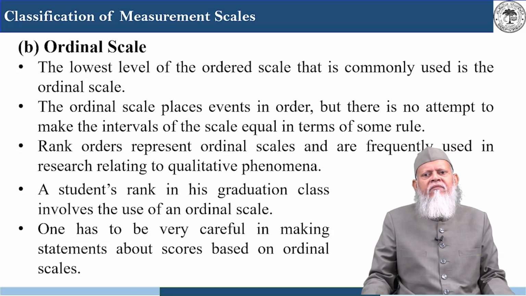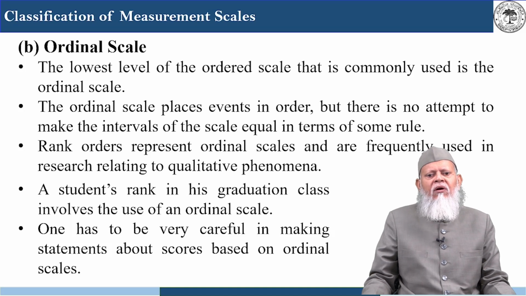Next scale, which is termed the ordinal scale. This is very important, very crucial for studies in behavioral sciences, and this is why it is given a lot of importance. It is the lowest level of ordered scale that is commonly used.